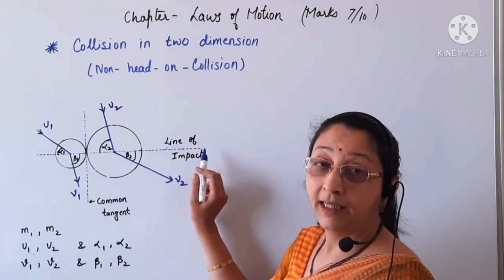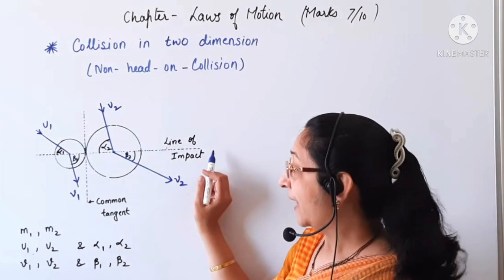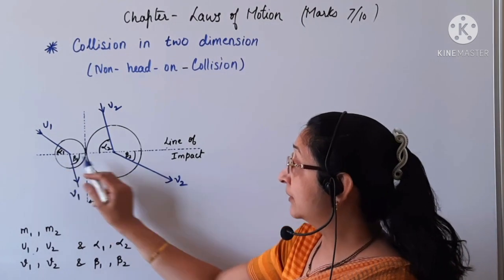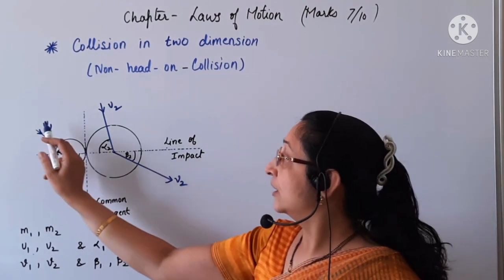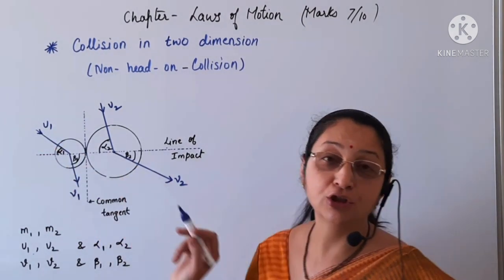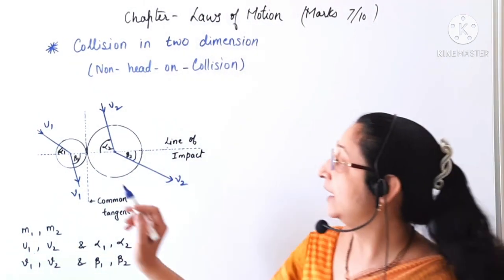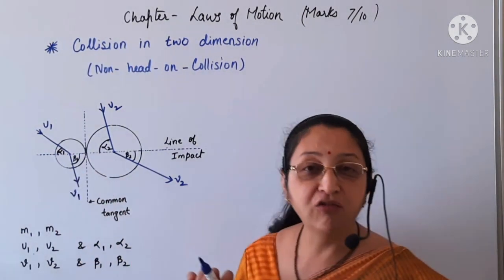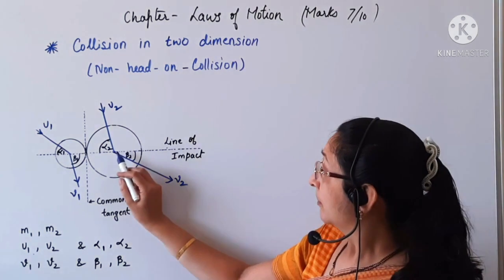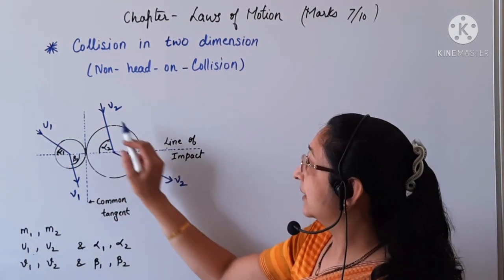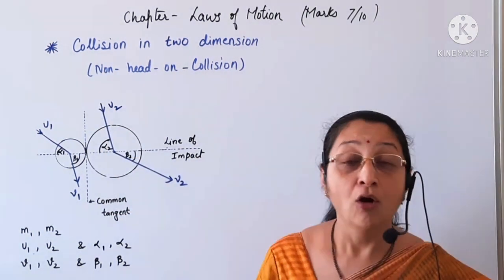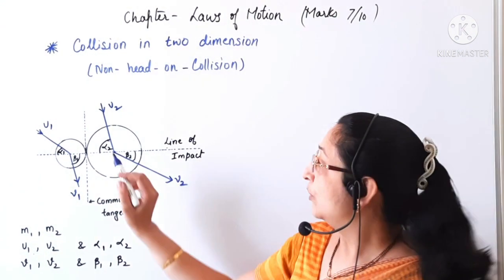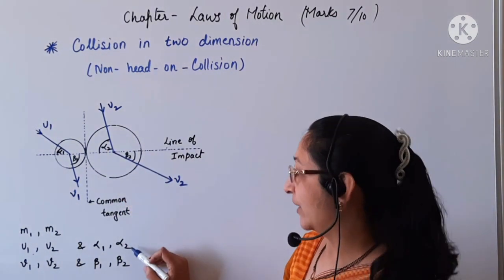This is the x-axis, the line of impact, and with respect to the x-axis, the initial velocity u1 of mass m1 is making an angle alpha 1, and with respect to this line of impact, the initial velocity u2 of mass m2 is making an angle alpha 2.